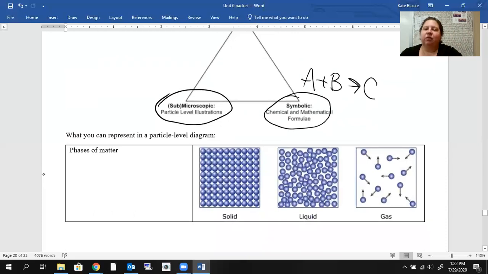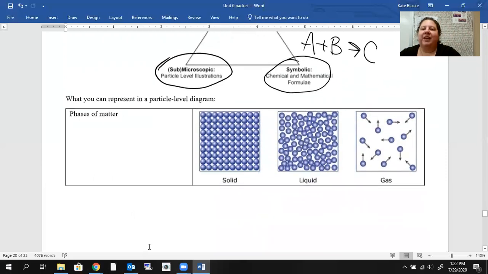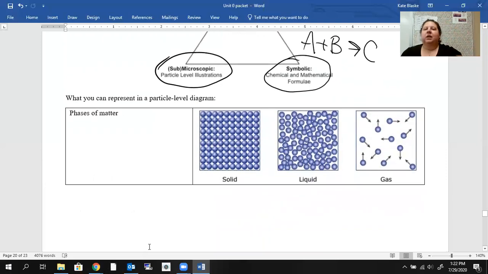There are lots of different things that we can represent with these particle diagrams. One of the things that we always need to consider when we're drawing particle level diagrams is what phase of matter something is, because the way that those molecules are organized can tell us what phase of matter something is. If something is a solid, those particles are going to be nice and orderly arranged. They're going to be packed as close together as they can.